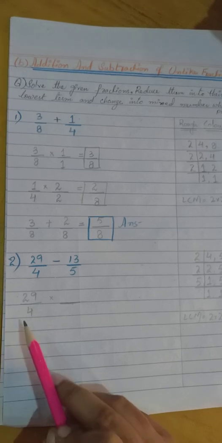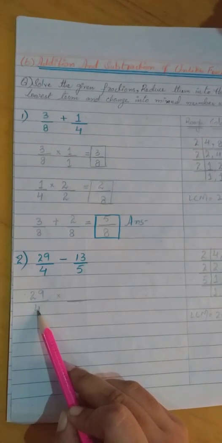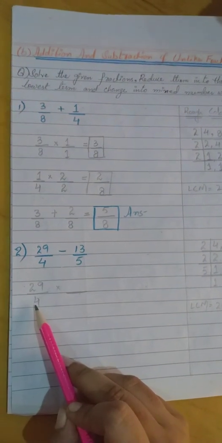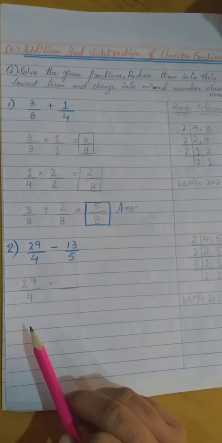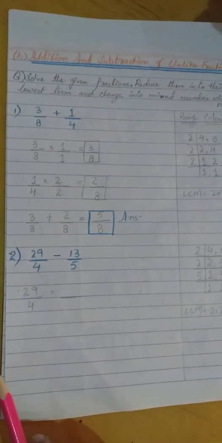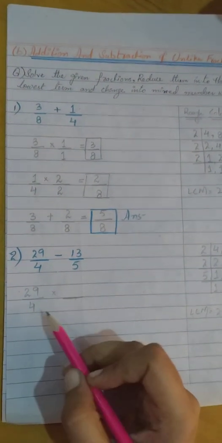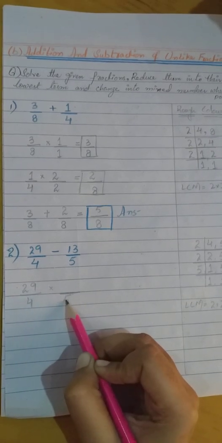Now you have to think, by which number should we multiply 4 to get 20. Now you will read the table of 4. 4 ones are 4, 4 twos are 8, 4 threes are 12, 4 fours are 16, and 4 fives are 20, which means if we multiply 4 by 5 we will get 20.